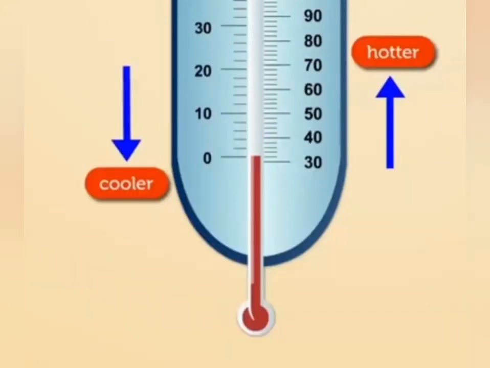When the mercury goes up, it means the temperature is getting hotter. And if the mercury level drops, it means the temperature is getting cooler.